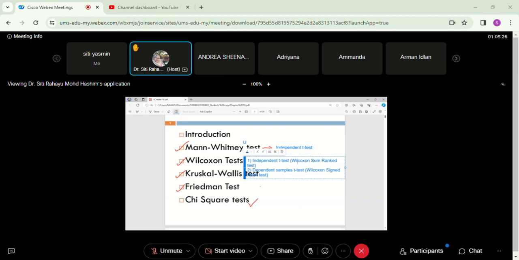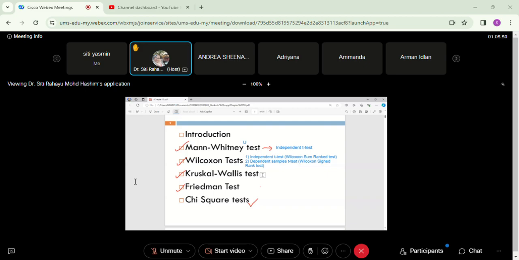So don't get confused, right? We have two Wilcoxon tests. The Wilcoxon rank sum is the option for the independent t-test if the data is not normally distributed, and the Wilcoxon signed rank test is the option for the dependent sample t-test if the data is not normally distributed.